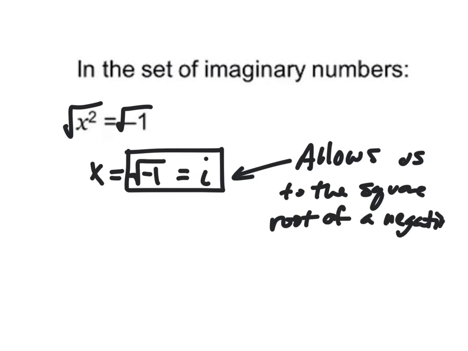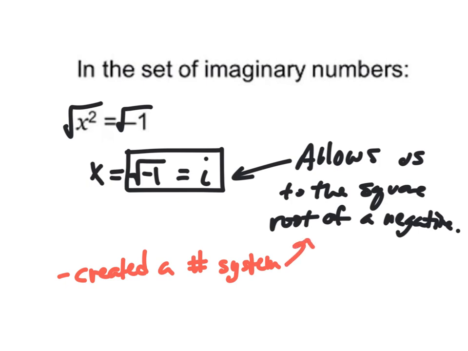The reason we did that is that when you are dealing with computer software and computing, you run into this issue where you will end up taking the square root of a negative number. So we have created a number system that allows us to take the square root of a negative number.